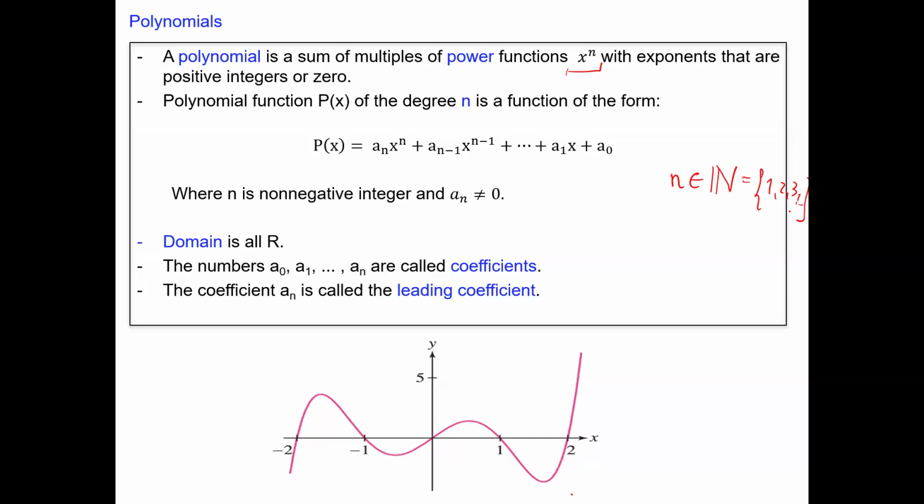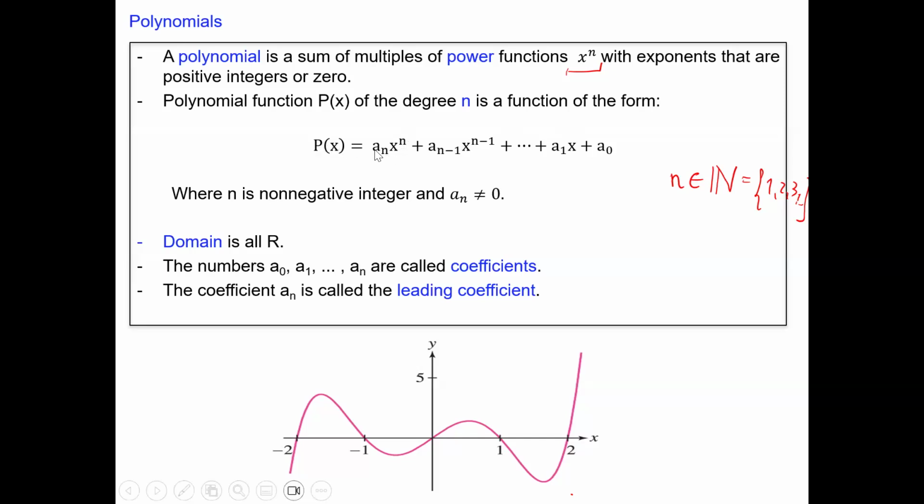Positive integers. Okay, and then the degree of the polynomial function is always the highest degree in the expression, in the formula. That's when we can see this equation, this formula.